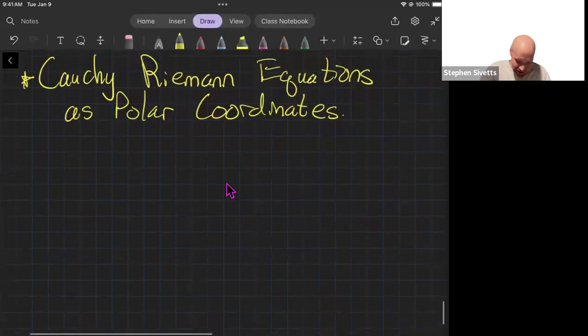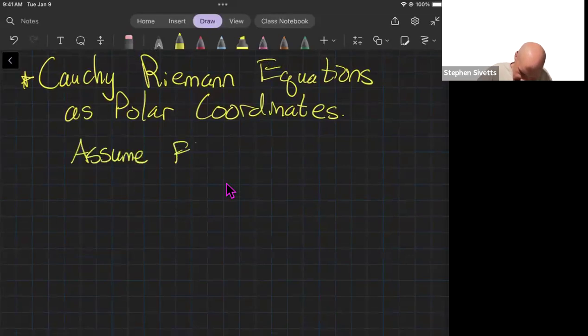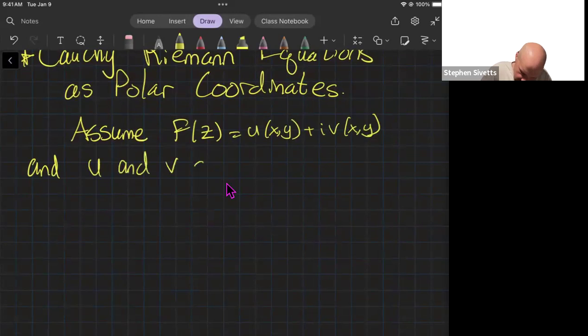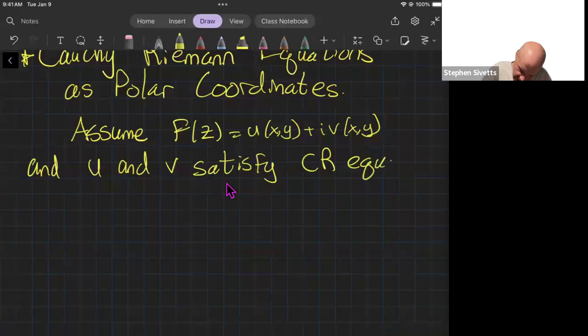So if we assume that f of z is equal to this function, split into its real and imaginary components u and v, and u and v satisfy the Cauchy-Riemann equations that were stated previously, what you want to do is set x equal to r times cosine theta.